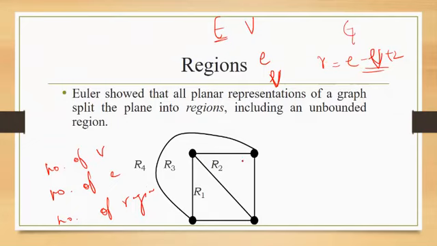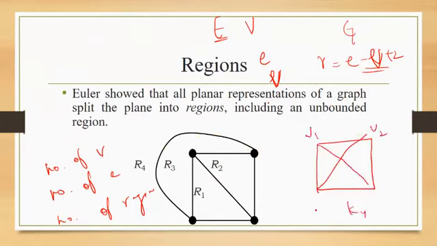So now based on this, let's verify this formula for this graph G. Over here, if you remember, this graph is a planar representation of a complete graph K4. If our vertices are V1, V2, V3 and V4, then this graph is a planar representation of our complete graph K4. So how many regions do we have in the graph?